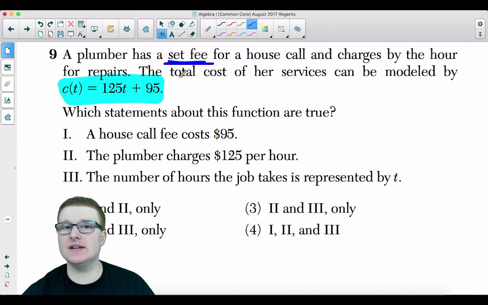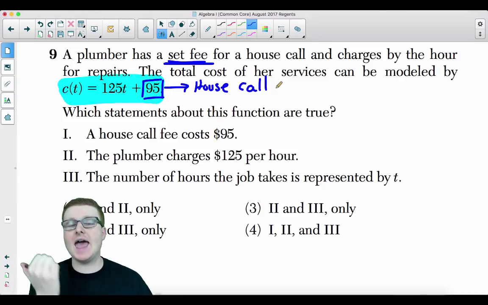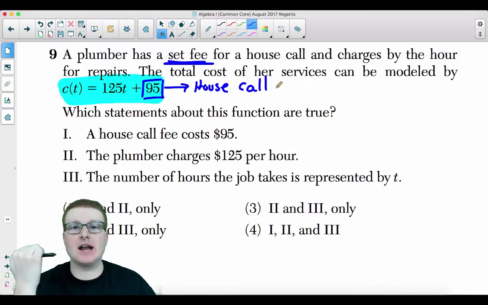So, before she even gets to the door, she needs to get to your house first. What happens is the plumber charges you $95 for the house call. Okay? So you call her up and say, hey, I got a problem with my toilet. It's backed up. Can you come over? She'll say yes, but I charge $95 to go to your house. Just as soon as she steps in the door, boom, $95 in her pocket.